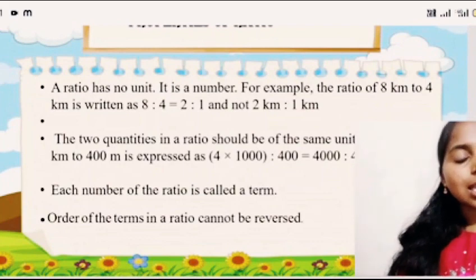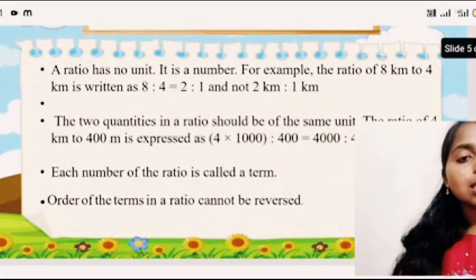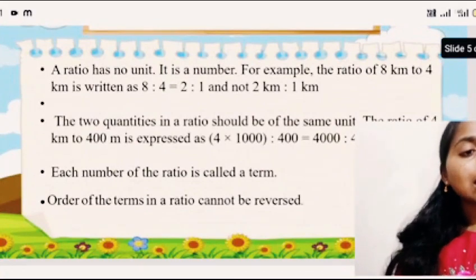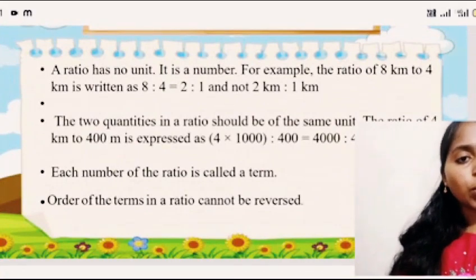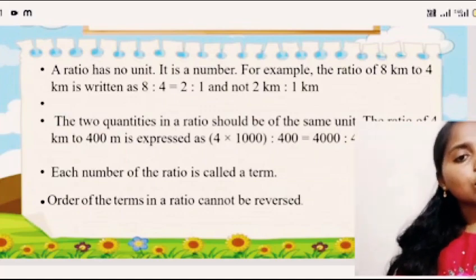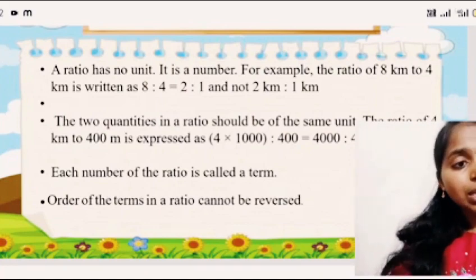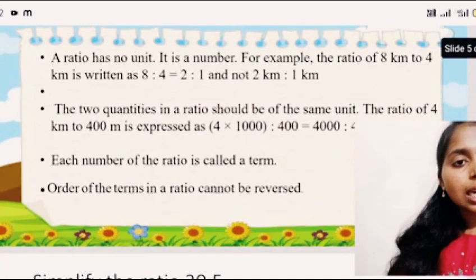Here is one more example. The ratio of 8 km to 4 km is written as 8:4, not 8 km to 4 km, and it is also denoted as 2:1. Why is it denoted as 2:1? It is the simplest form of 8:4. Here 4 is the greatest common factor.